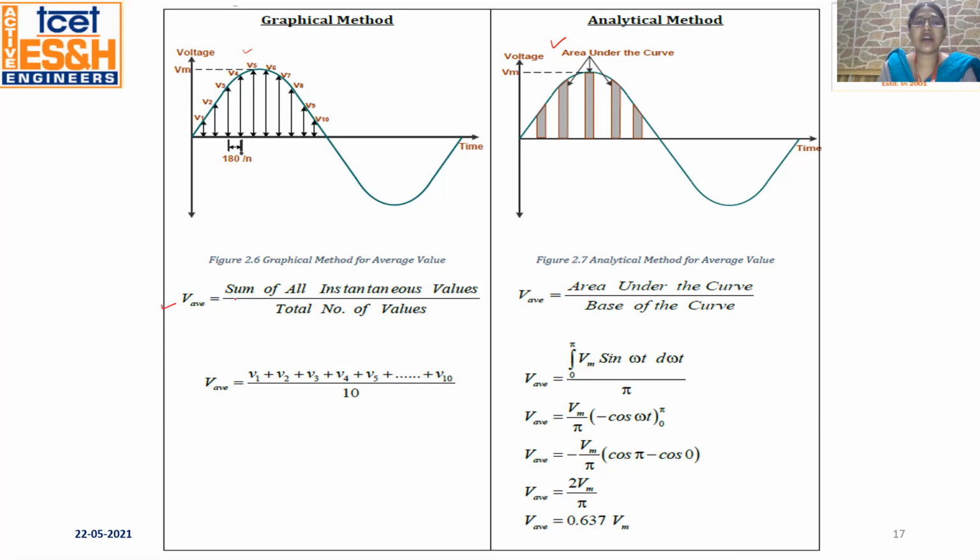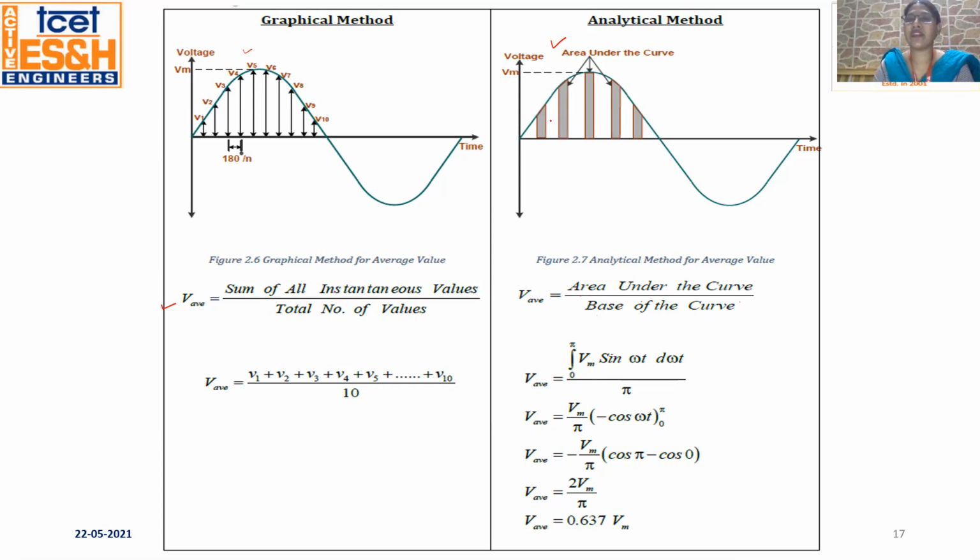But this does not give an accurate result. So for accuracy, we always go for the analytical method. In the analytical method, the average value of any waveform is found from this formula: area under the curve divided by the base of the curve.